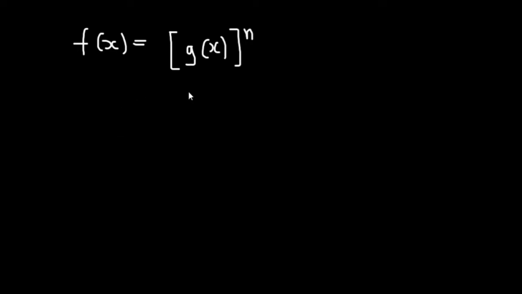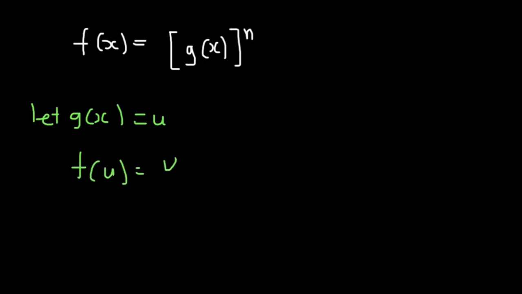First of all, you see that you have g of x to the power n. For this to be easy for us, let's represent g of x with u. So let g of x equal u. Now the function becomes f of u equals u to the power n.